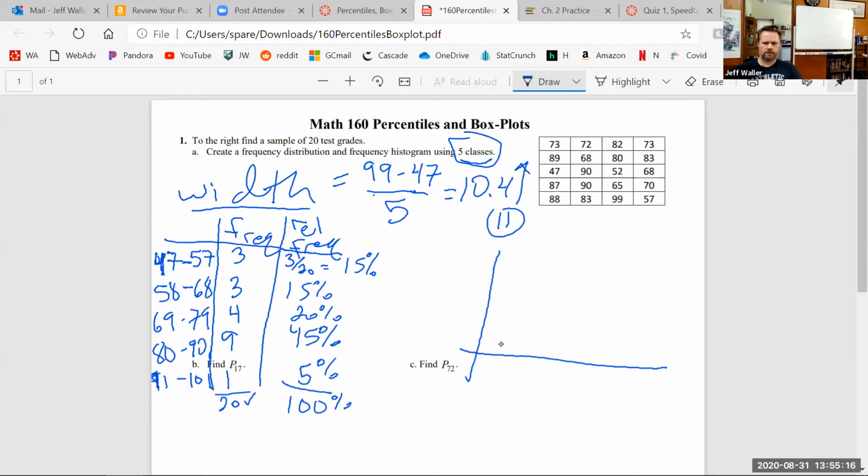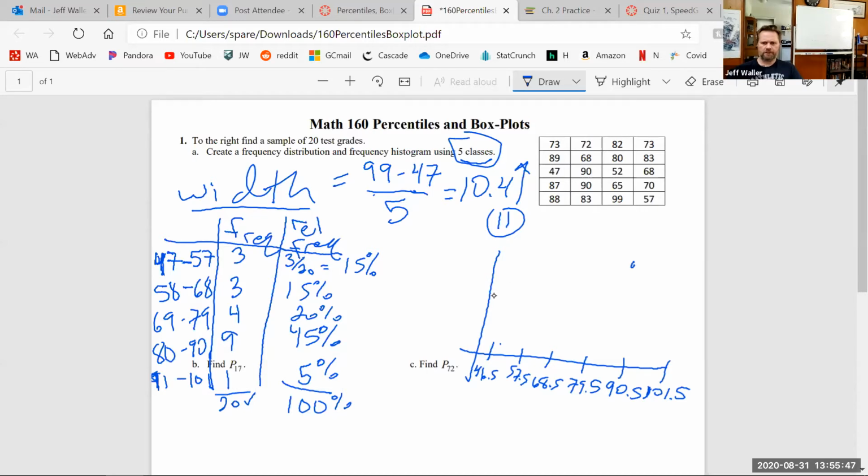All right, this is where I have to do 46.5 and then 57.5, and I can just add 11 because that's my width. Okay, so there's my scale there. Jeff, leave it alone. It's going to be all right.